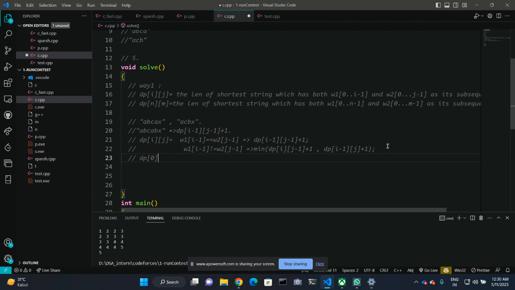dp of 0, dp of 0. This signifies there are no characters in W1 and there are J characters in W2. So what is the shortest string length which has a sequence of both W2 and W1? We know the string length will be at least the minimum of W1, W2.